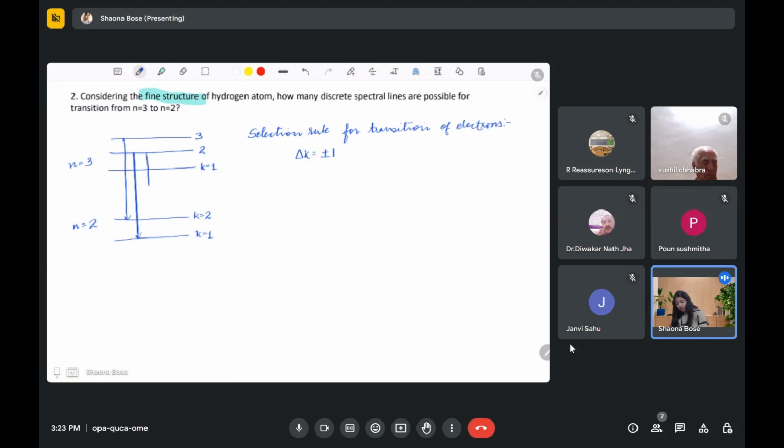Yes, but it cannot come down from a 2 to k is equal to 2, even if they are in different principal orbital numbers. Okay, this is not allowed.